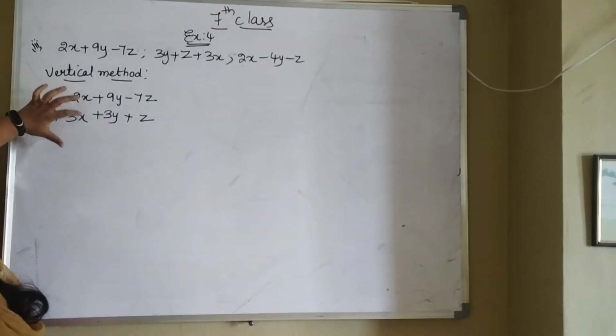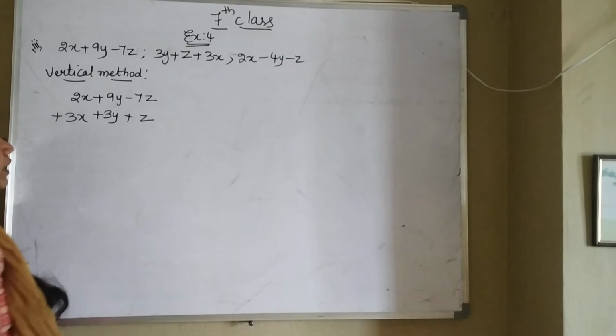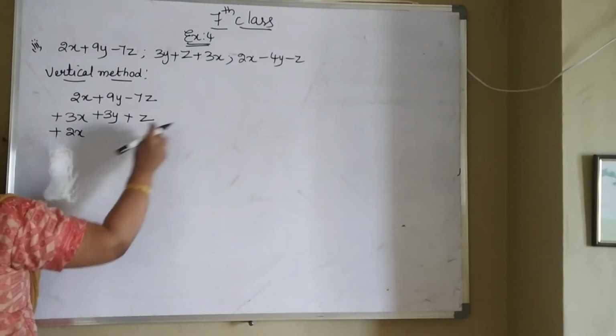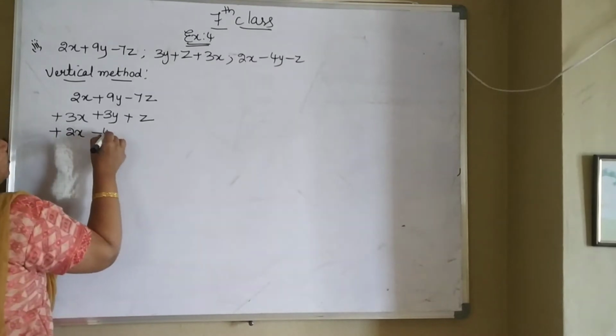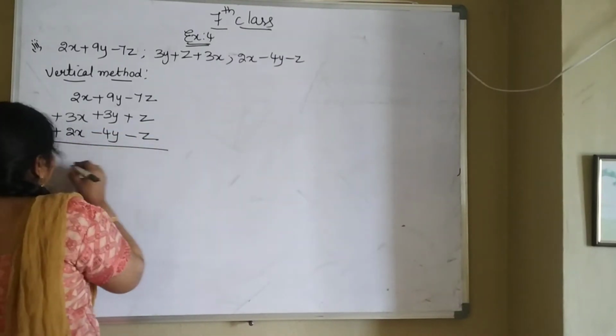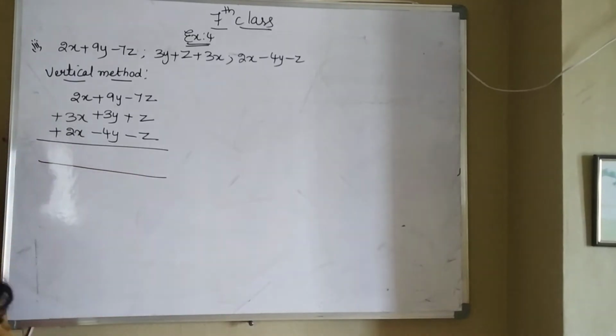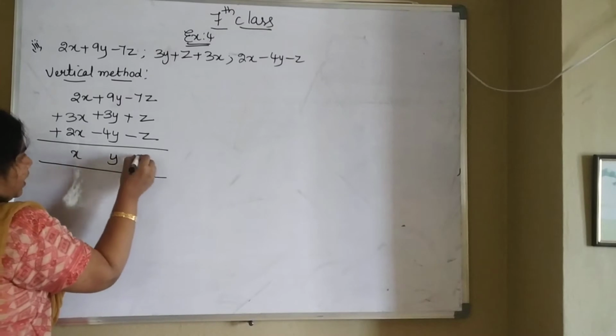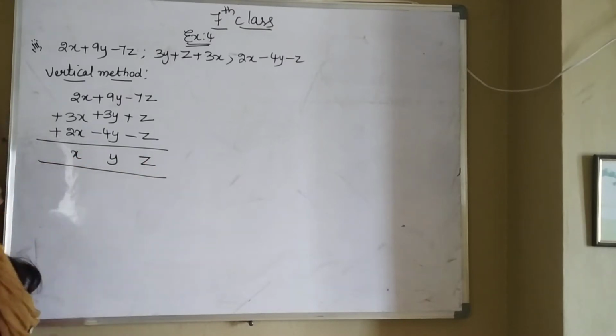Below the x we have to write the x terms only. Next 2x plus 2x. Next minus 4y minus z. Okay, so we have to add these three expressions. So first you write the alphabets as it is: y, z, y, x, y, z.